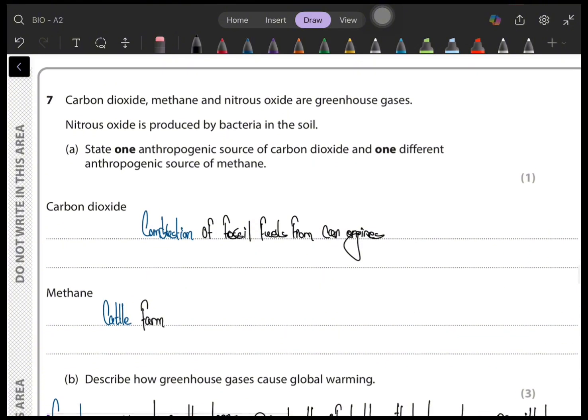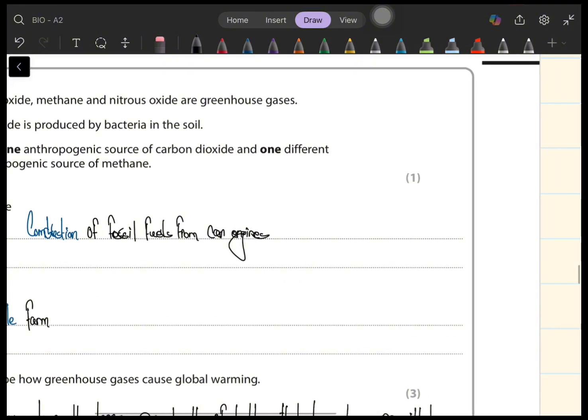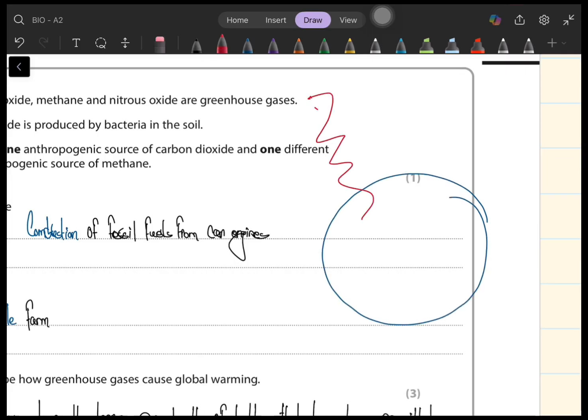Describe how greenhouse gases cause global warming. Suppose this is the surface of the earth, and these are the rays of the sun. Short wavelength radiation can penetrate through to the surface of the earth, and once it is re-radiated back, the greenhouse gases absorb this radiation and prevent it from escaping to the outer atmosphere.